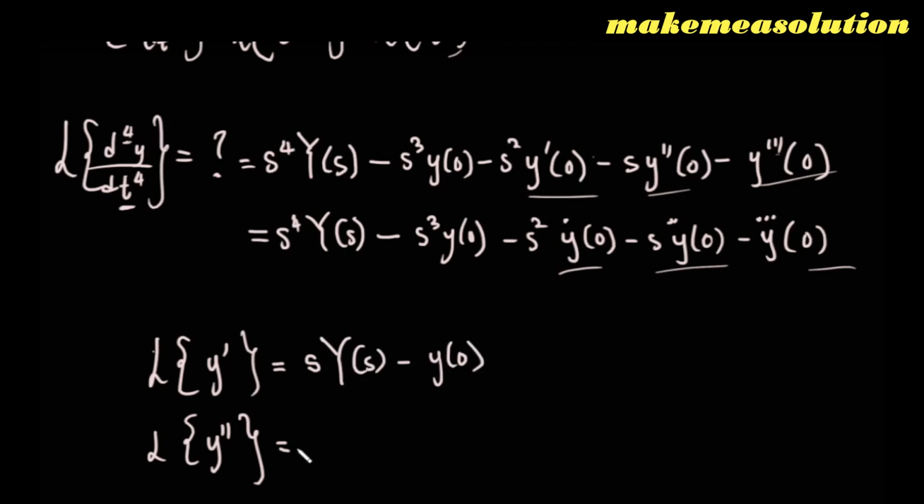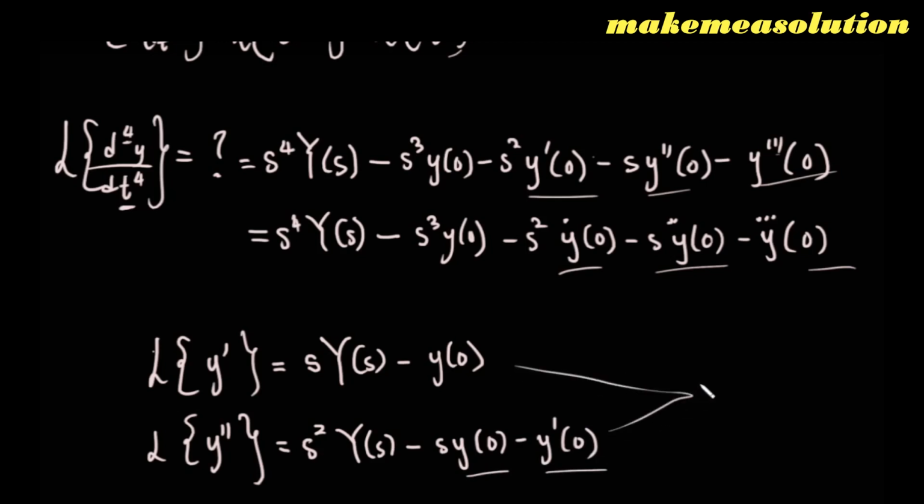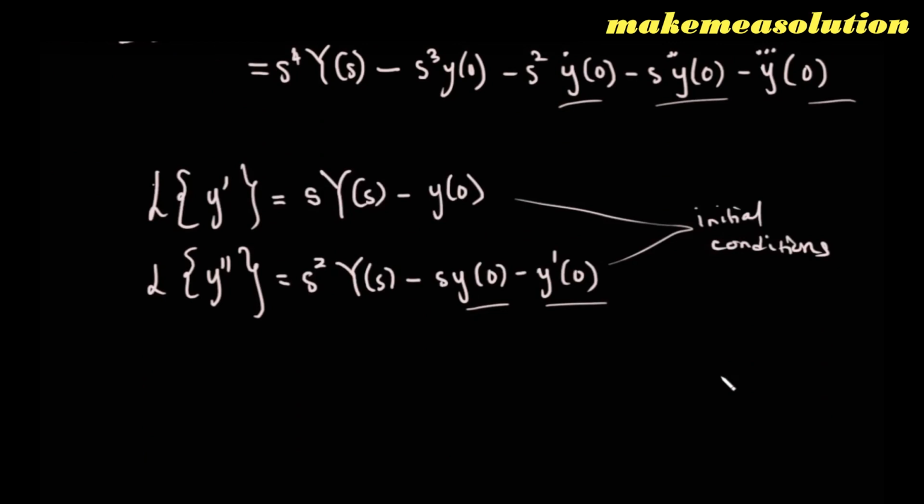For the second, you have s squared Y of s minus s y of 0 minus y prime of 0. So y of 0 and y prime of 0 are called initial conditions. Whenever you're using Laplace transform to solve differential equations or control system problems, we need initial conditions, very important.